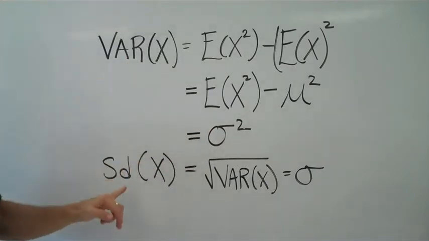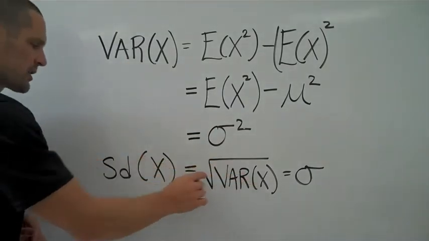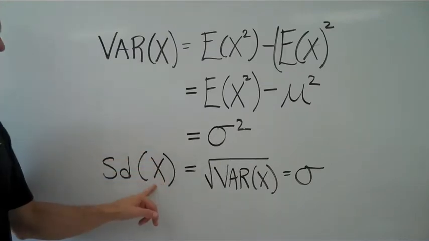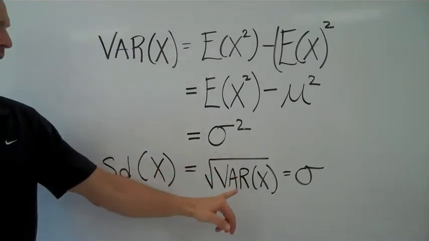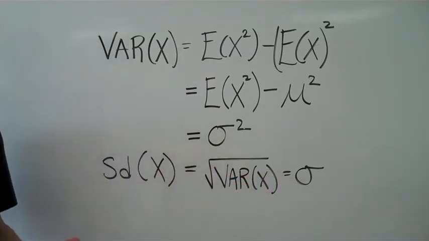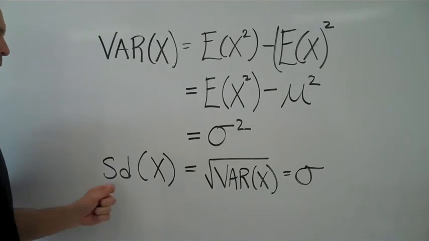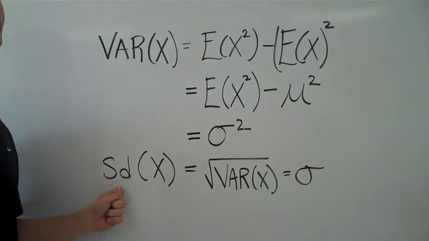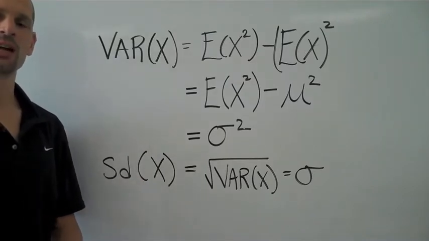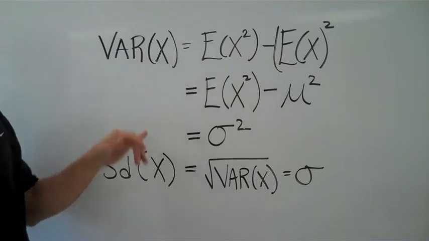Well, how do we go from variance to standard deviation? Take the square root. So standard deviation of the discrete random variable, capital X, is the square root of variance, which is designated sigma. To measure spread of the discrete random variable, we use standard deviation because it's a better measure of spread, because the standard deviation is in the same units as the mean or the expected value.